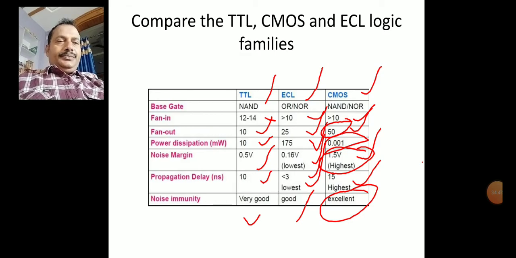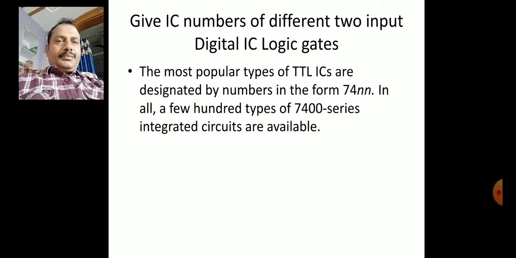Now let us see the IC numbers of different two input digital IC logic gates. So this is the objective. Already we have discussed in earlier classes the different IC numbers, the series of different ICs, and the number of gates that are integrated in particular ICs.